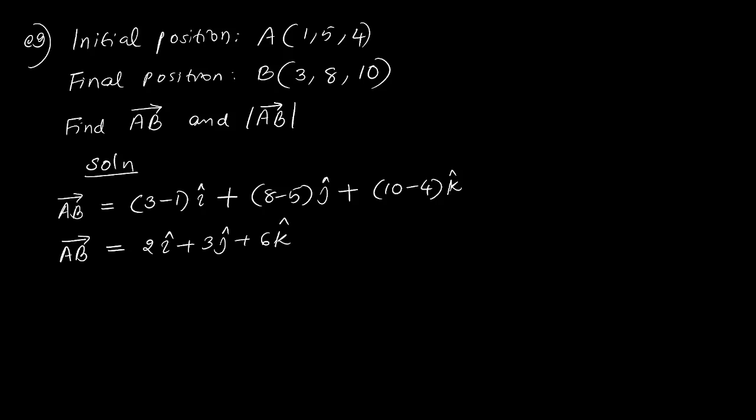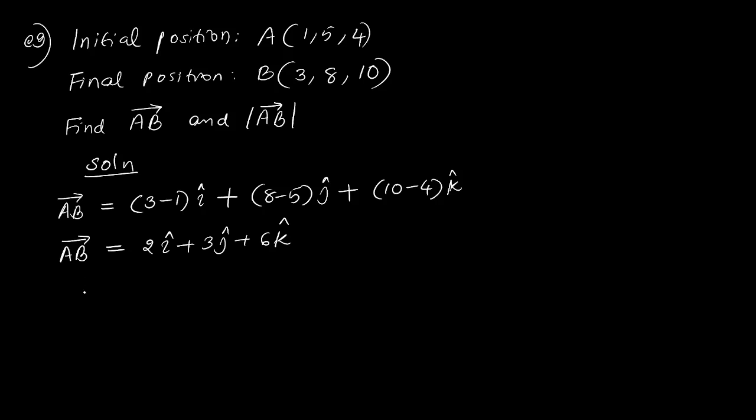Meaning that if the helicopter moves like this, it covers 2 meter in the i direction, 3 meter along the j direction, and the height of the helicopter is increased by 6 meter. Understood?